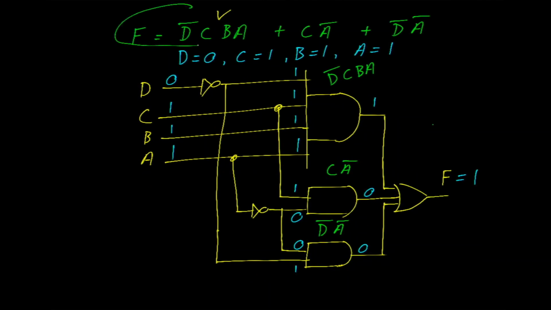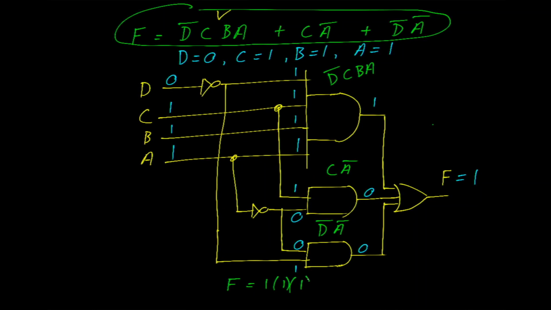We could have done that operation directly on our Boolean equation. F is equal to D naught, so that's 1, multiplied or ANDed with C, which is 1, ANDed with B, which is 1, ANDed with A, which is also 1, or C, which is 1, A naught, which is 0, or where are we at?